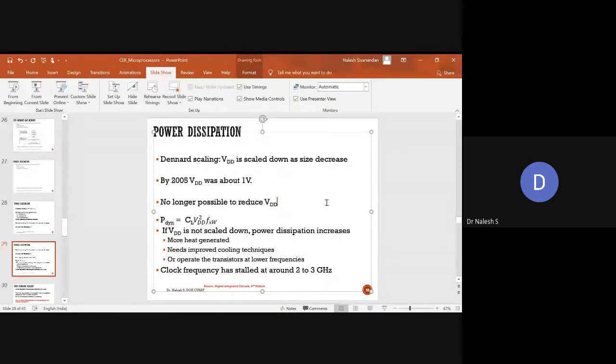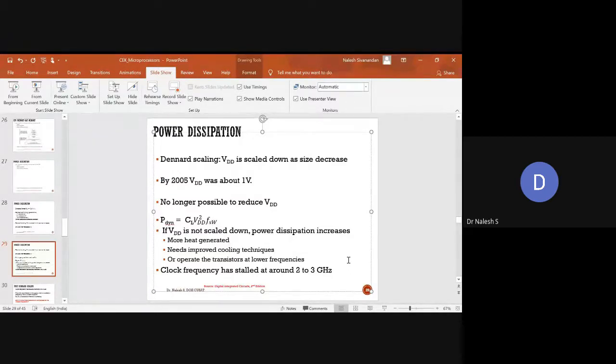As you move from one generation to another, the technology gives you the option to increase the frequency, but we don't increase the frequency, because if we increase the frequency, power dissipation increases. That is the reason why, if you have noticed, the clock frequency earlier, when we were in our BTech days, every processor would give you an increased clock frequency, which was a big deal.